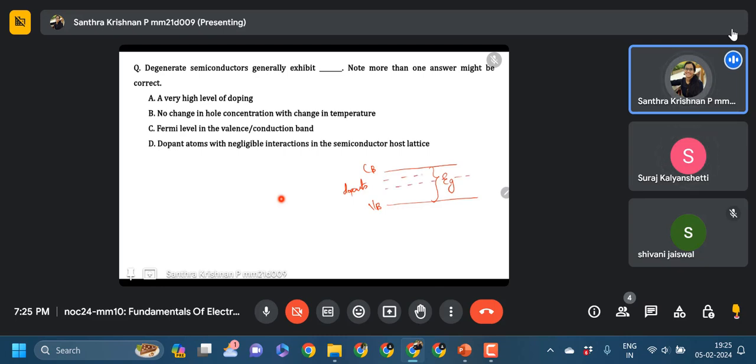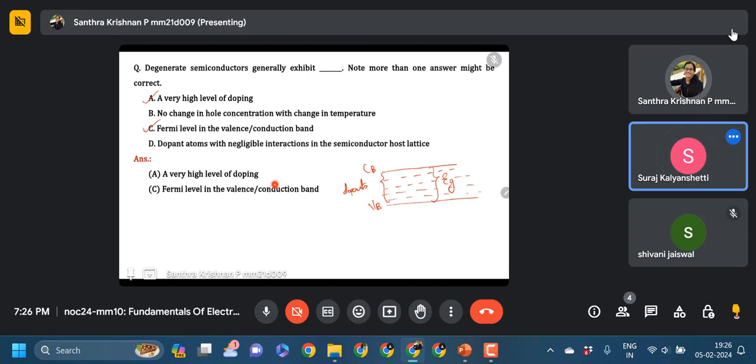With a very high level of doping, suppose you keep adding more and it reaches saturation, all these states become almost filled. It has a very high level of doping. Eventually it starts behaving like a metal. All of these become possible energy states, and more and more Fermi levels get introduced in the valence and conduction band. That is the case with degenerate semiconductors. Basically it converts into a metal.